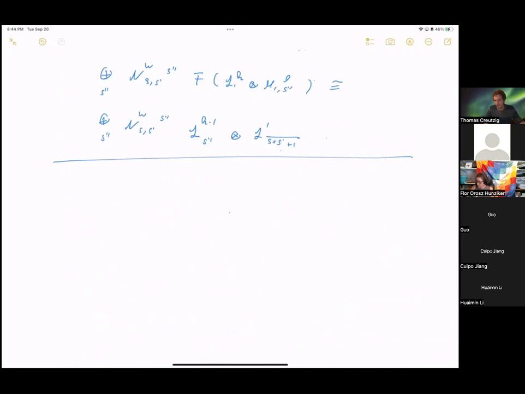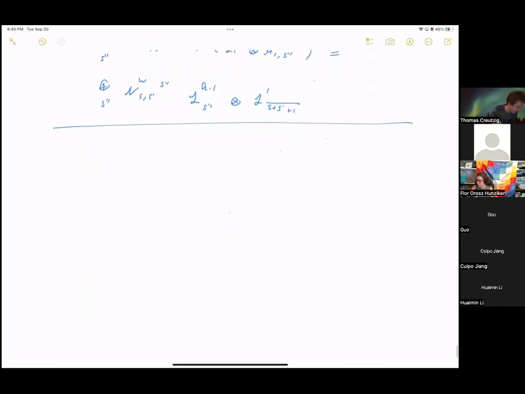And in fact, using the Coset theorem that a simply laced affine VOA times its lattice VOA is related to its principal W algebra, one can establish the same type of theorem for any admissible level affine VOA of simply laced type. And so it's the same argument, with, of course, more work, but in principle, the same argument.